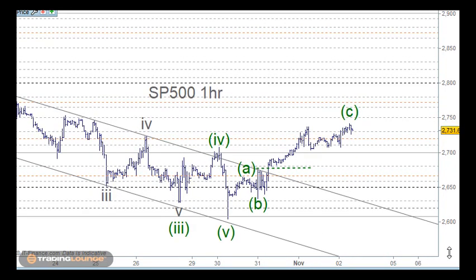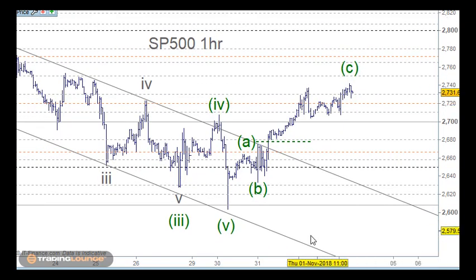In this case, we could count this up here at first glance with an A wave to here, a B wave to here, and then have this as 1 in here, 2 in here, and then all of this 3, 4, and 5 here. So if this is going to be corrective as that blue wave 4 I mentioned, then we're going to have to see the market come down from that particular point.